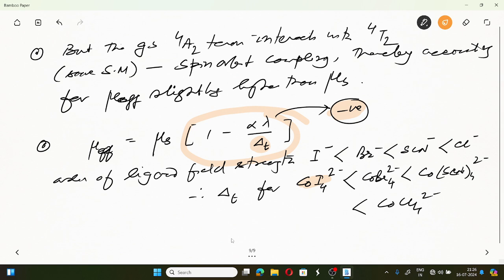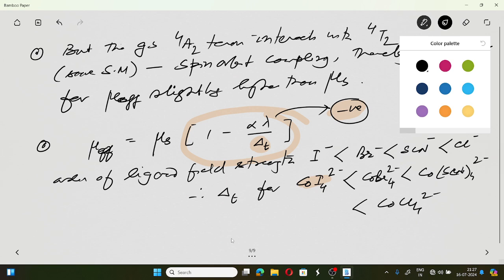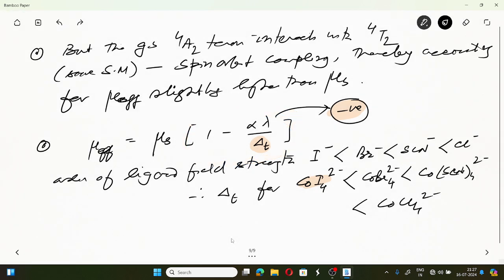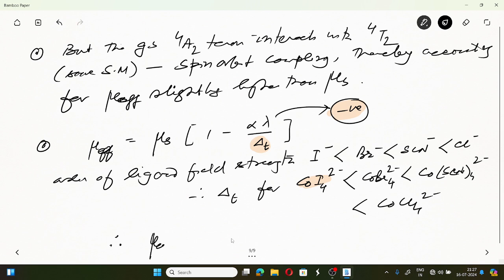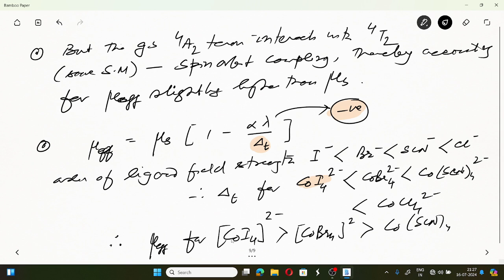So the mu effective will be higher. তাহলে আমরা এখান থেকে বলতে পারি যে therefore mu effective for COI4 2 minus greater than COBr4 2 minus greater than CO(SCN)4 2 minus greater than COCl4 2 minus.